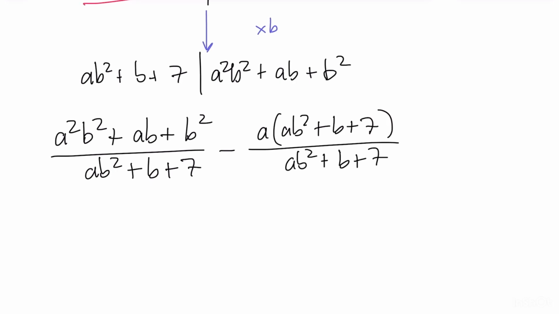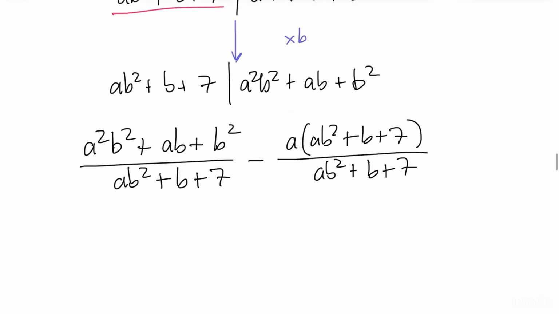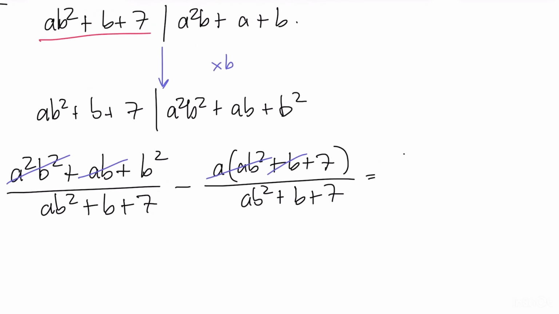The reason I'm doing this is because I want some terms to cancel out. So a squared b squared will cancel, and also ab. Now this will equal b squared minus 7a all over ab squared plus b plus 7.